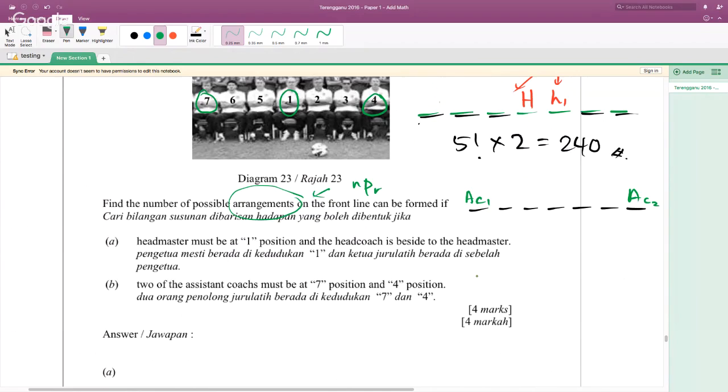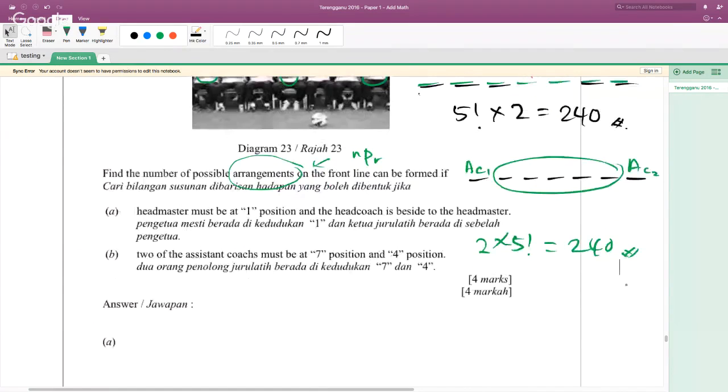Both of them can switch places, so there will be 2 ways for them. That means AC1 can sit at the AC2 place, and AC2 can sit at the AC1 place. Then the 5 people in the middle can randomly sit, so multiply by 5 factorial. So it's 240 also. Both will give you 240.